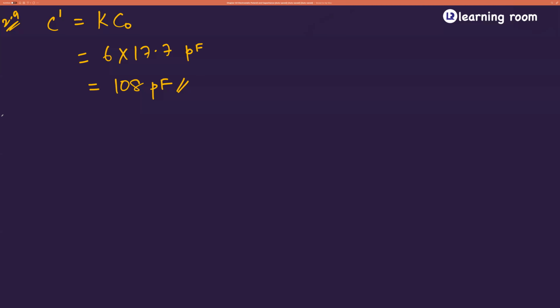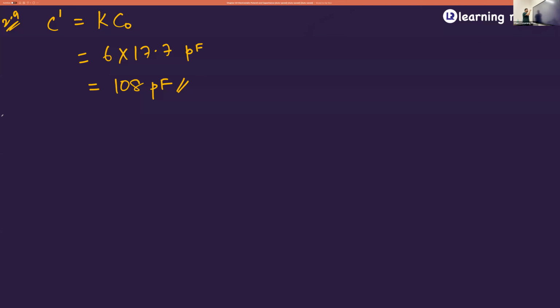Yes, sir. Okay. See, the new capacitance will become K times C naught, irrespective of whether the battery is connected or disconnected. Right? What will happen to the potential? Did they mention anything about the battery? In the previous case, a 100-volt battery is connected, no?